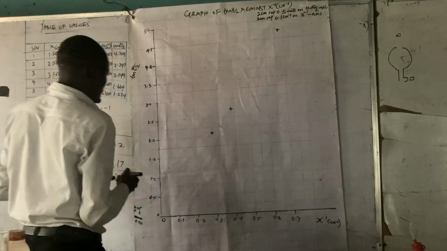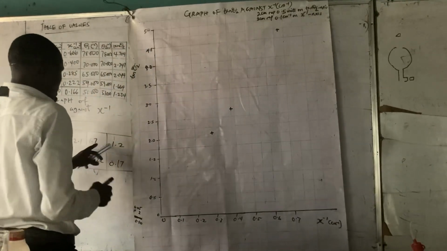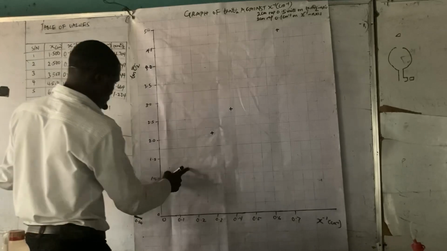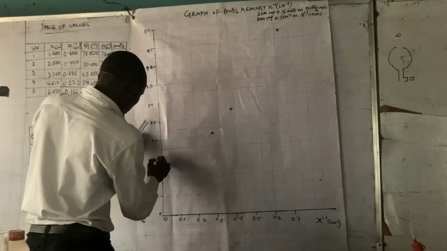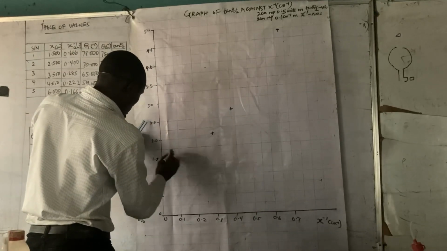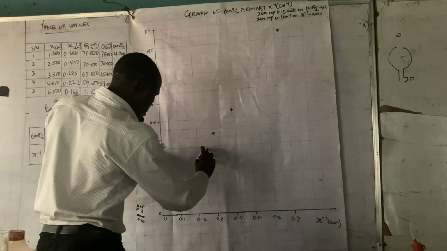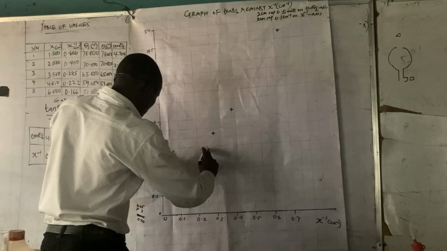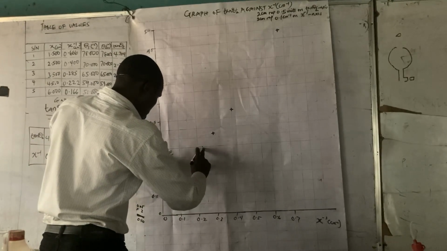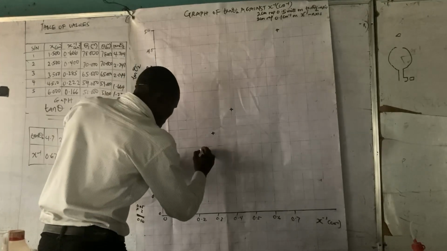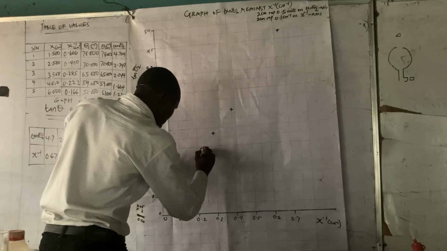So now the next one is 1.7 against 0.22. 1.7 is 1.5 here. 1.7 is here, 1.6, 1.7, against 0.22. So we have another point here.